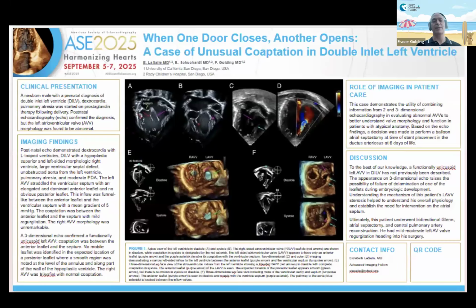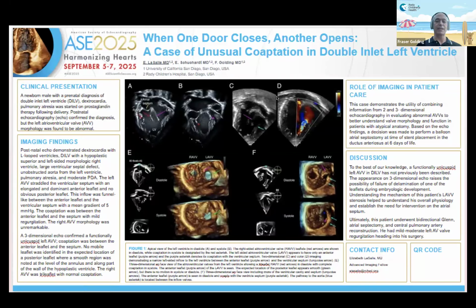Just mentioning her ASE presentations, she had a really interesting presentation of a case of a double inlet left ventricle where the left-sided AV valve actually co-opted with the septum, and what would have been a mural leaflet was either deficient or adhered almost abstenoid to the free wall of the left atrium.